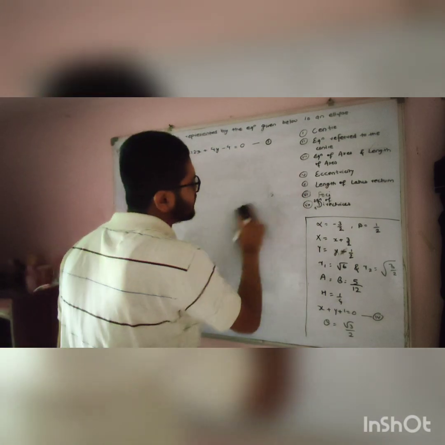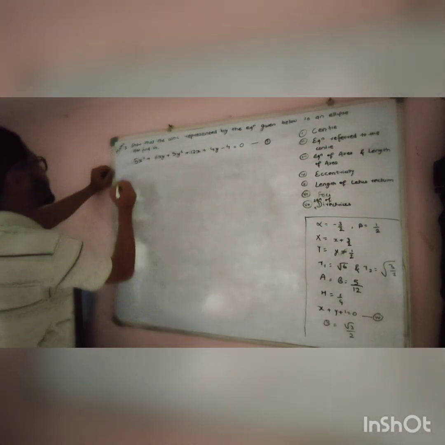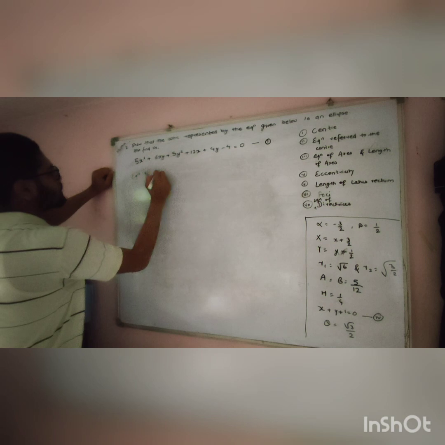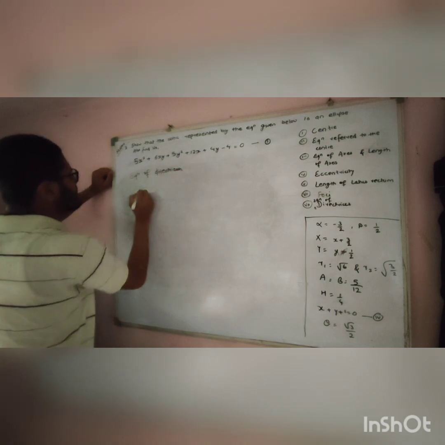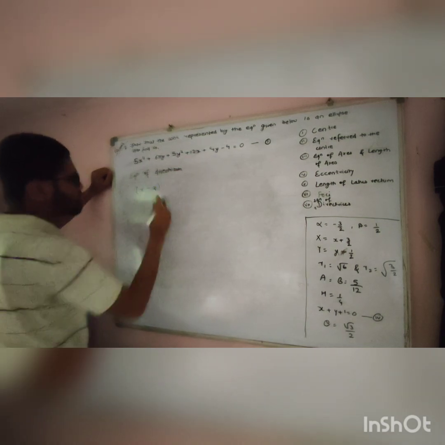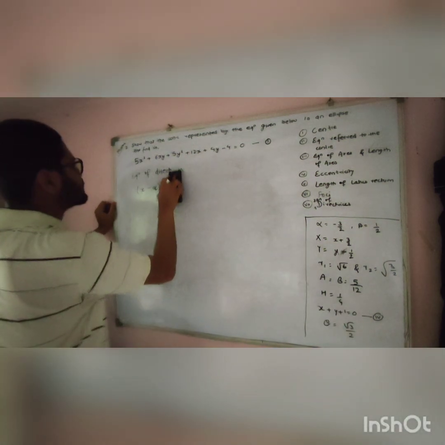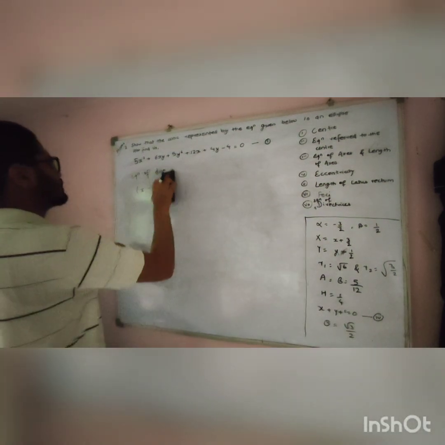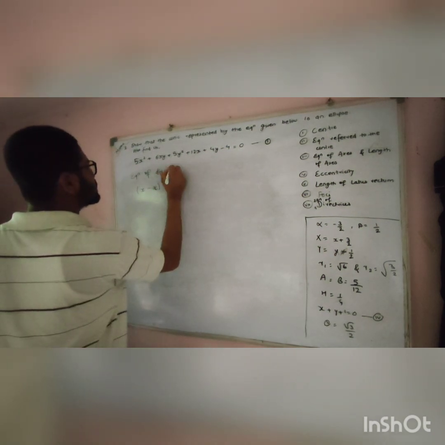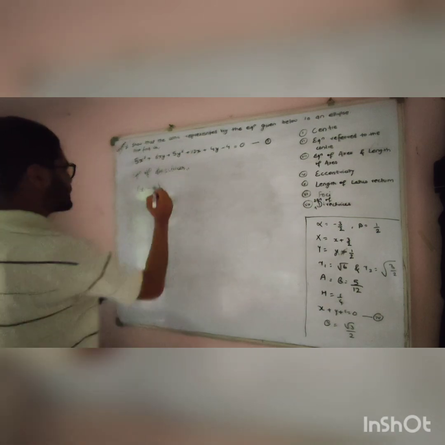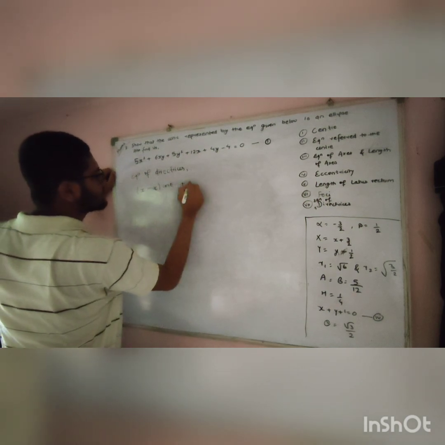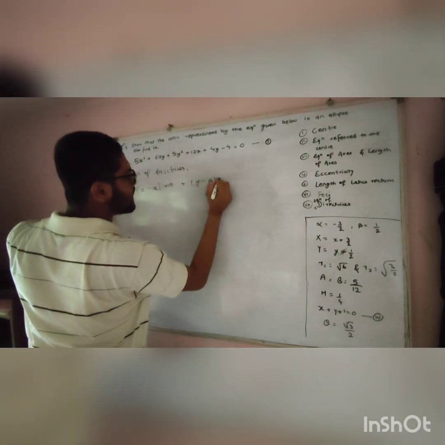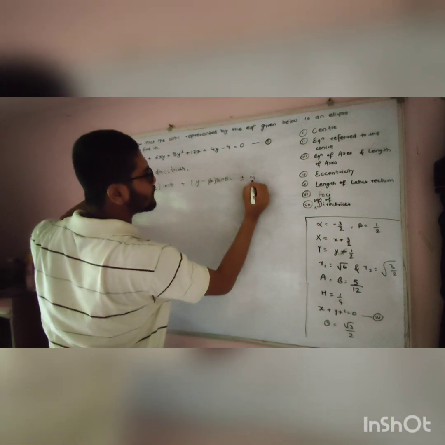Now moving on to the last part, that is we have to find out the equation of directrices, and for that we have x minus alpha cos theta plus y minus beta sin theta equal to plus minus r1 by e.